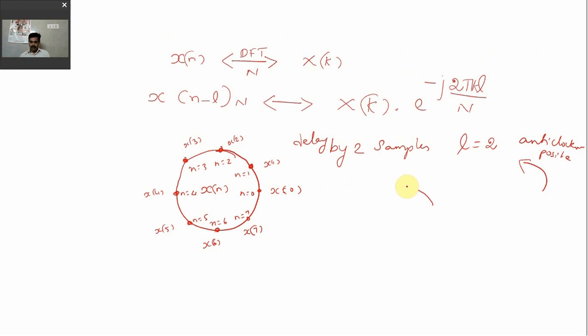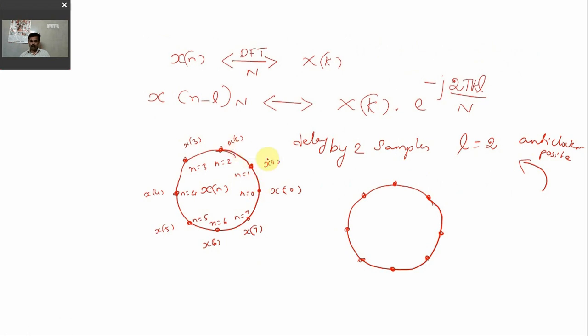So I am drawing this once again. Initially I have x of 0 at this point. Now I am going to shift it by two samples.